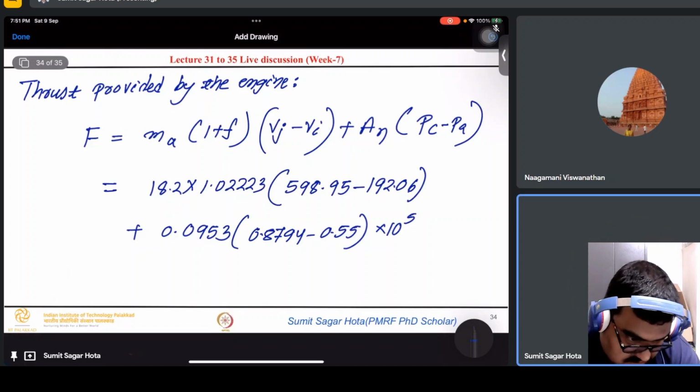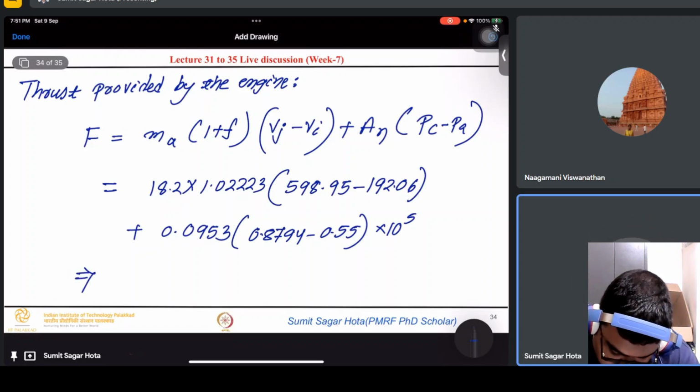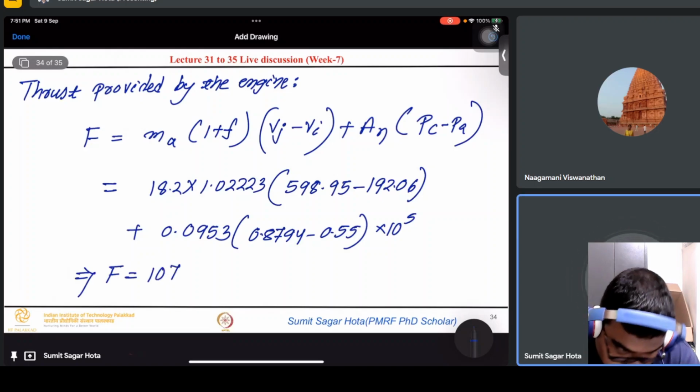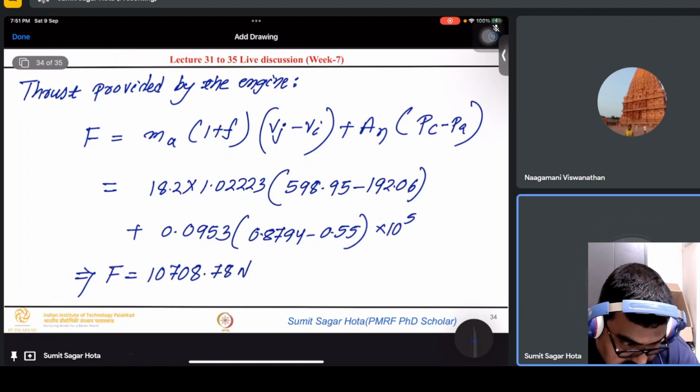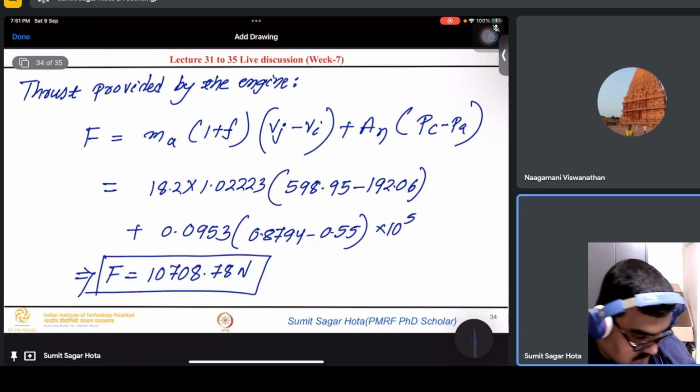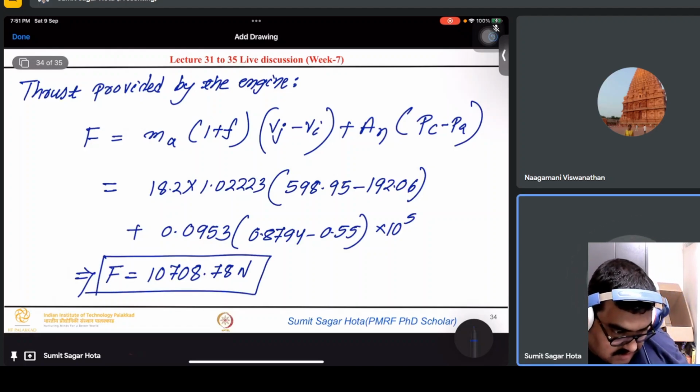If you substitute everything, then you can find F as 10708.78 Newton. This is the thrust provided by the engine.